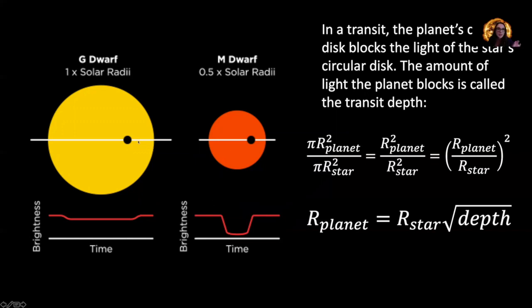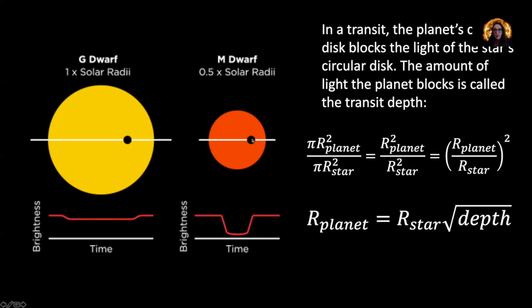But the planet-to-star ratio is different when that same size planet is passing in front of a smaller star. That planet is going to be blocking out more of that star's light than it does when it passes in front of a larger star.